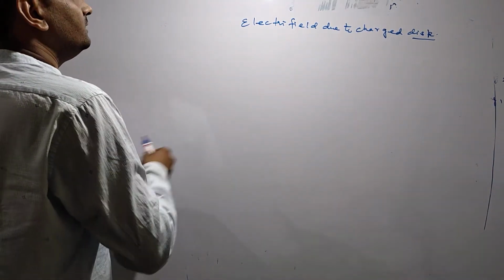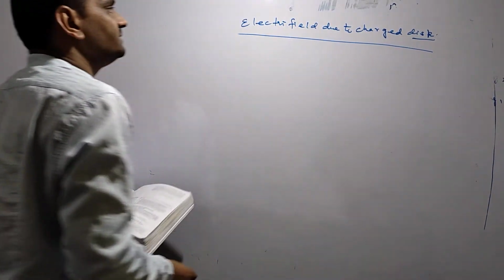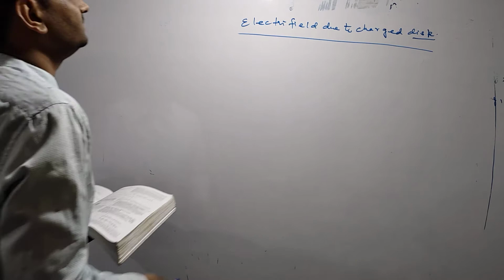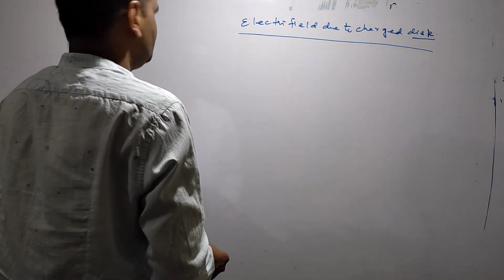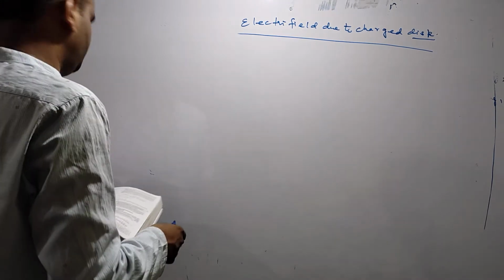Now we elaborate a little bit and start with the charge disk. We want the electric field due to a charge disk.